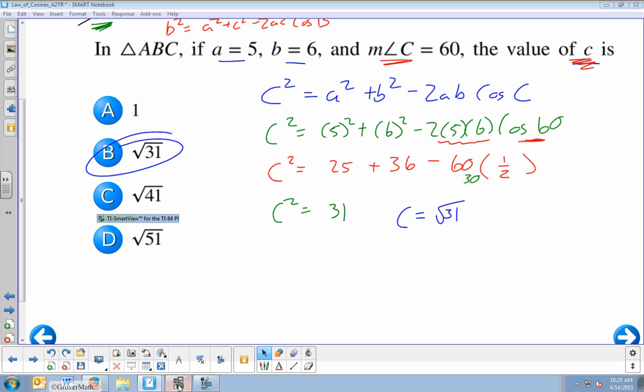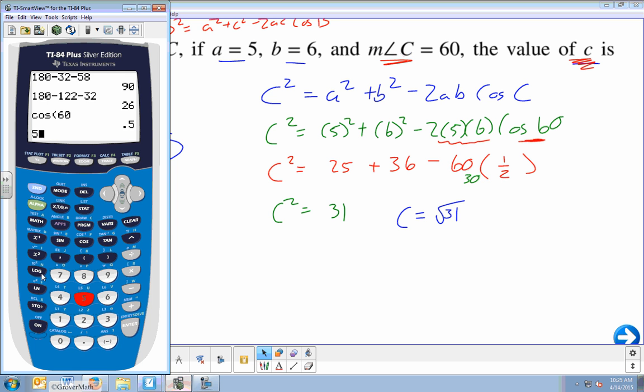Now, could I have typed in that whole thing? Could I have done 5 squared plus 6 squared minus 2 times 5 times 6 times cosine 60? Yep, worked out just fine. Came out to be 31, and then I'd have to do square root to get C alone. Now, is that always going to work out that way?